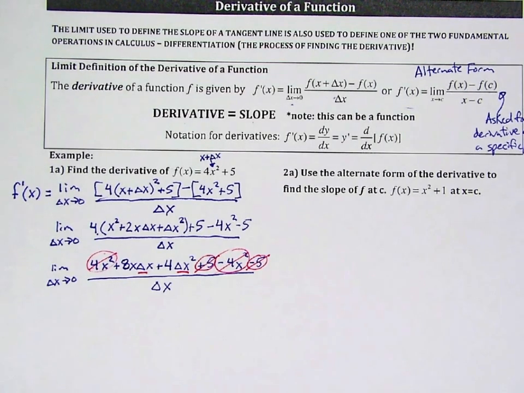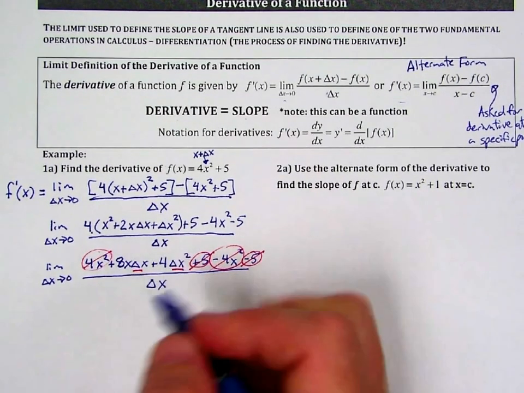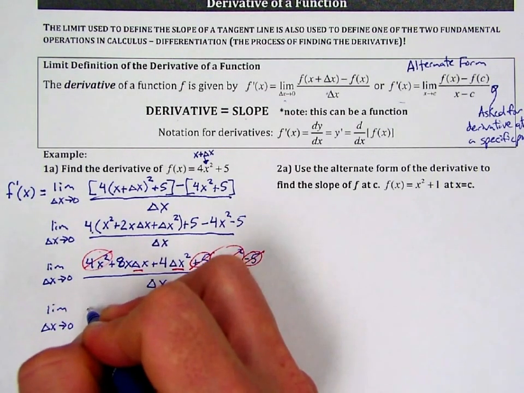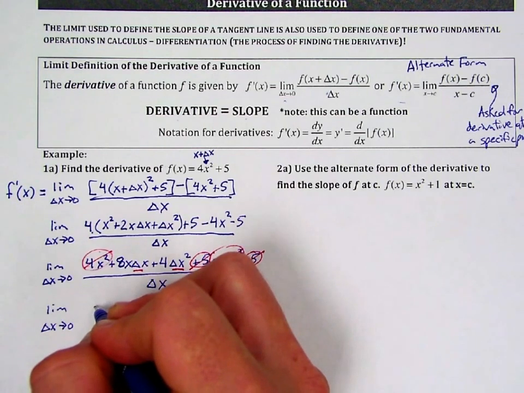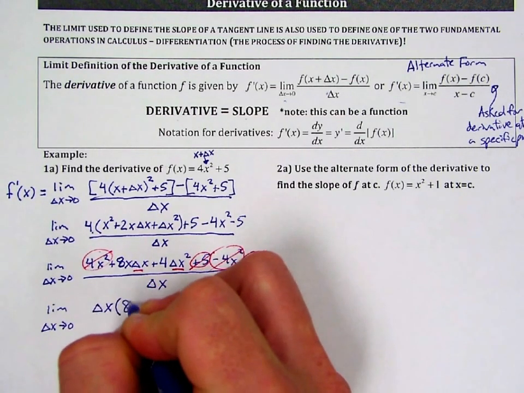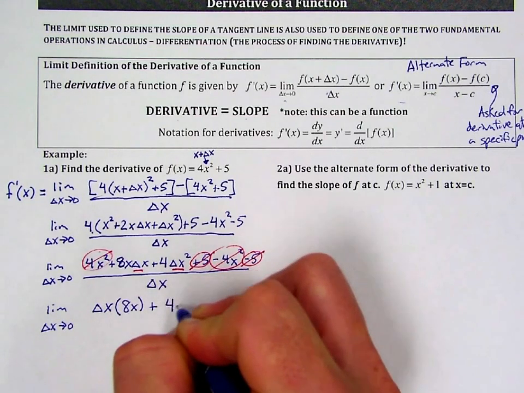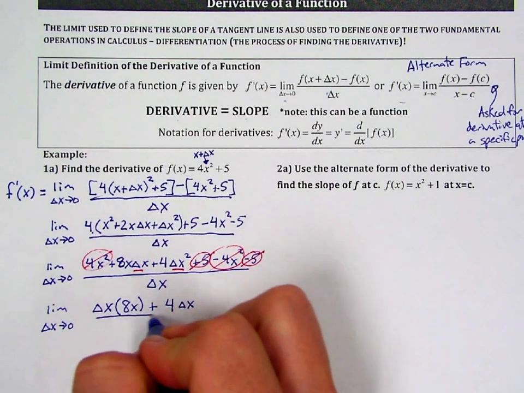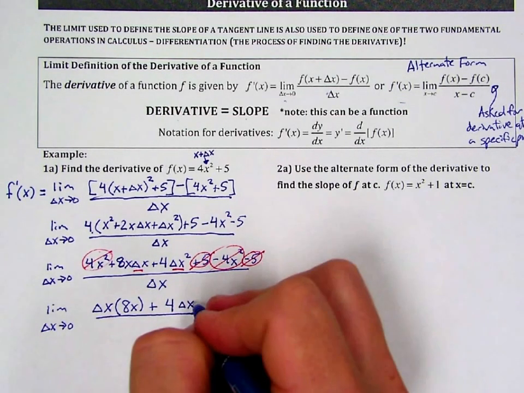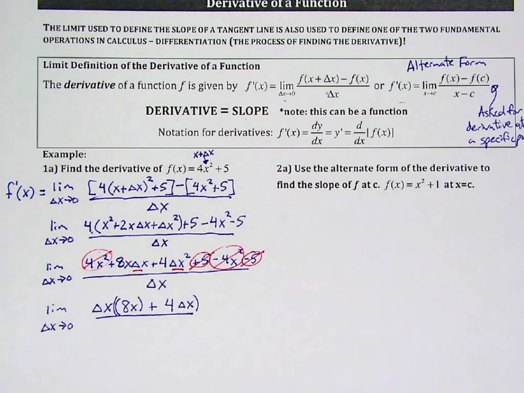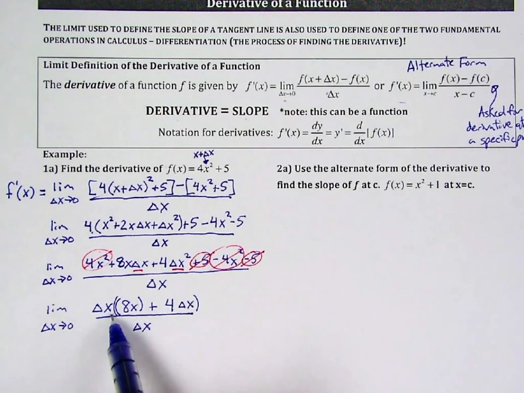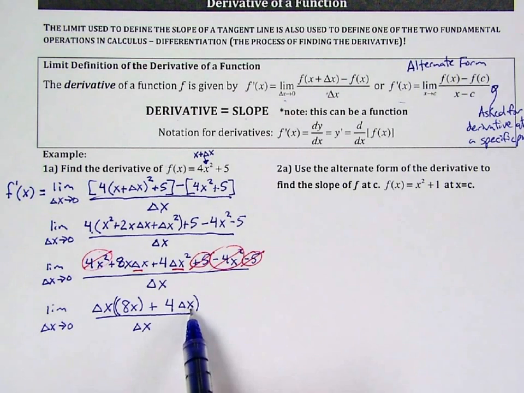Okay. So this is good now, because we can factor out that delta x in the numerator. So we have the limit still. So here we factor out the delta x, and we're still left with 8x plus 4 delta x over delta x.